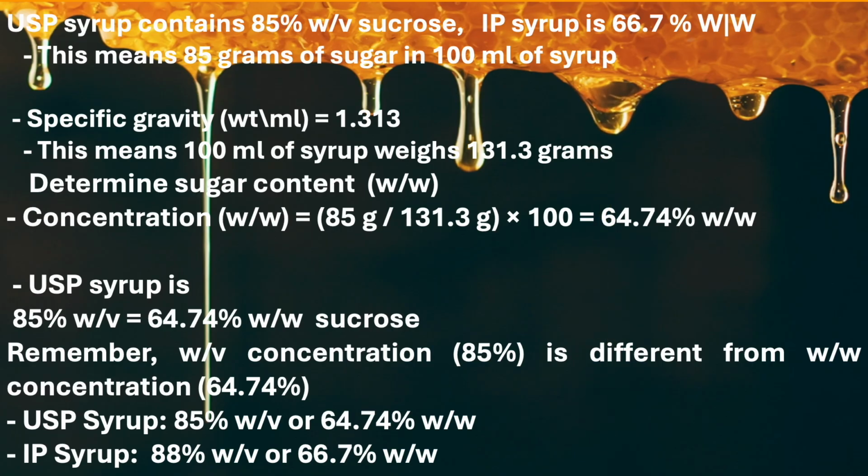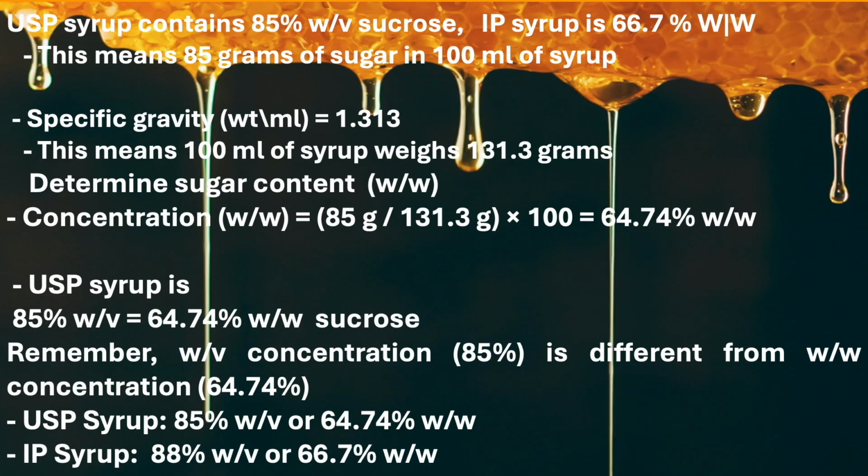So the final makeup in IP is in grams, whereas in USP it is in ml. So USP contains 85 gram of sugar in 100 ml of the final prepared syrup.